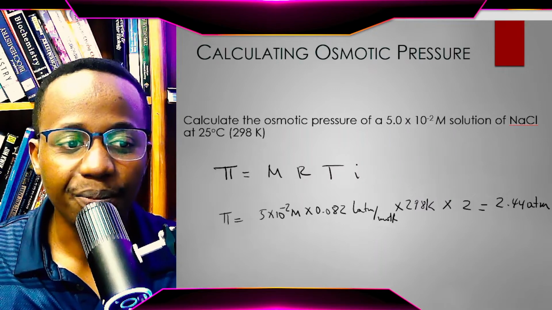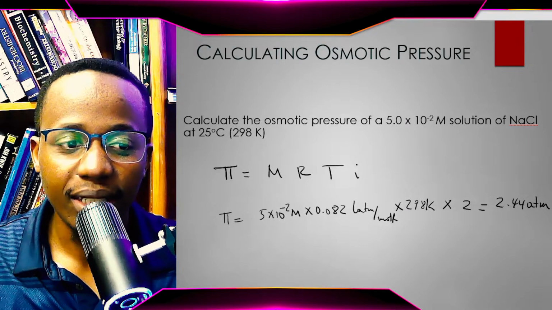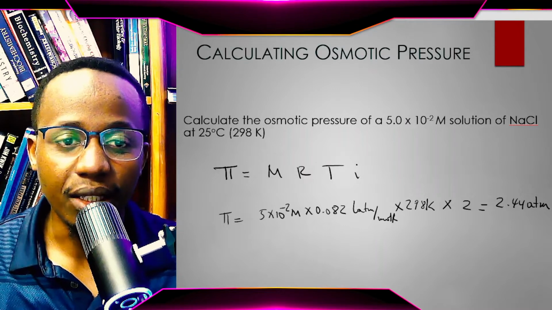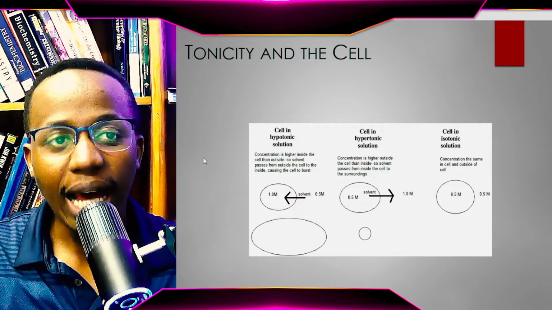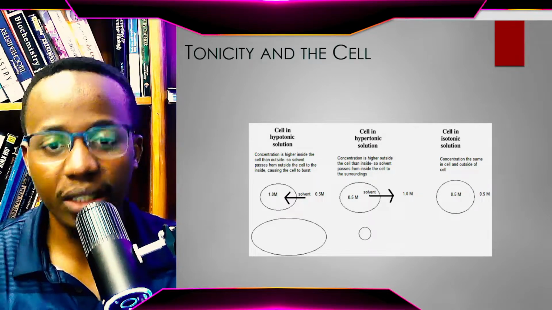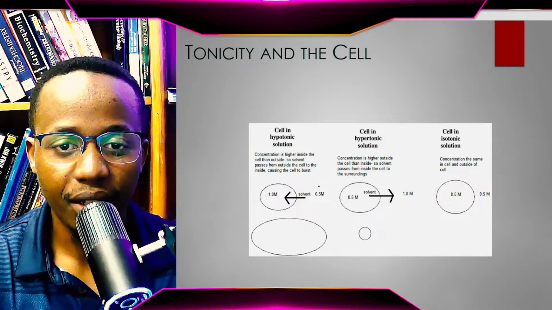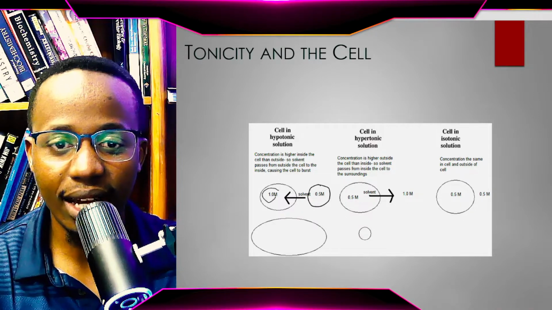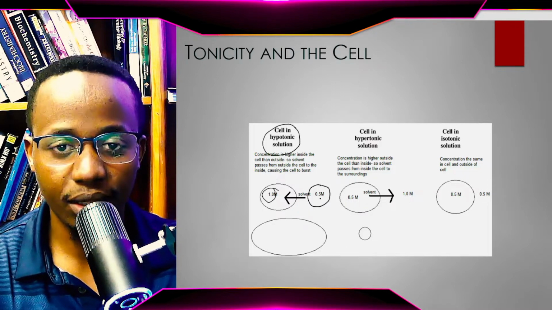All right, so this osmotic pressure is actually applied in the cell, right? So if you have a cell, for example, that has a certain solvent, so just a circle represents a cell here. If the solute concentration outside is lower than inside, we call this a hypotonic solution.